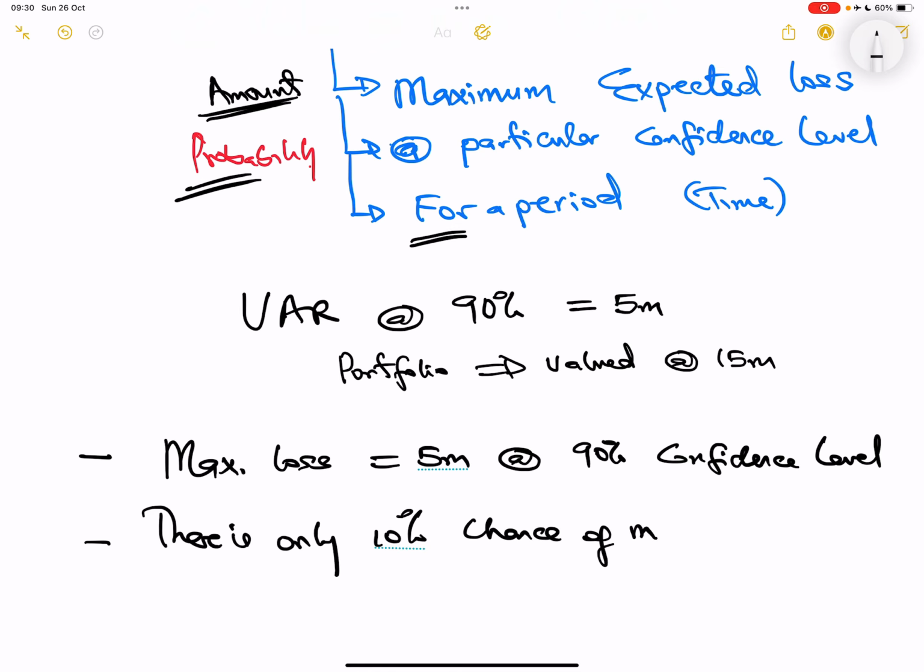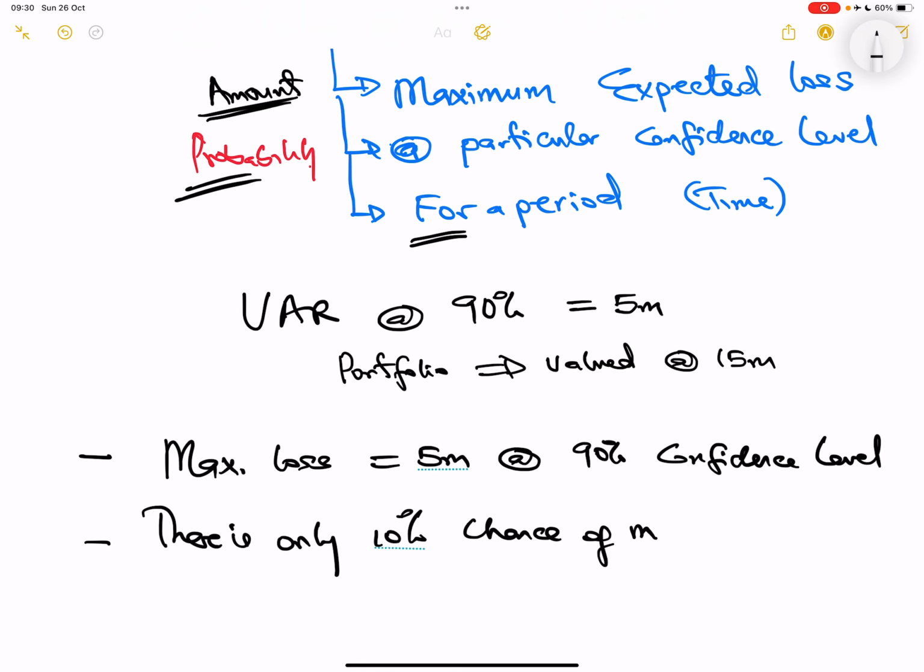So you can play around with your interpretations, but it's very important for you to understand that interpretation. But remember, this is at what period? We always need to put a period. So for 1 year, in a year, you can't lose more than 5 million.